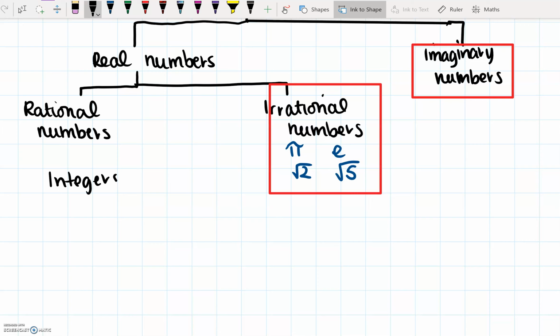Our integers can be -1, -2, 0, 1, 2, 3, so -1, -2, 0, 1, 4, 10, etc. These are all integers, which basically means whole numbers. Inside our integers, we can also have what we call natural numbers.